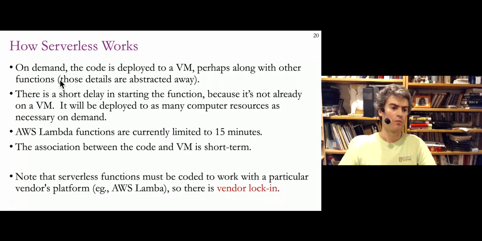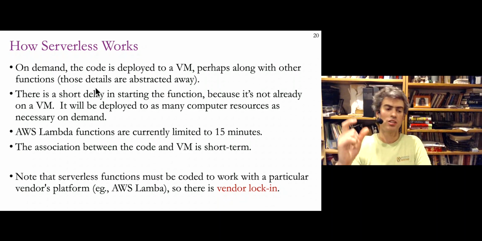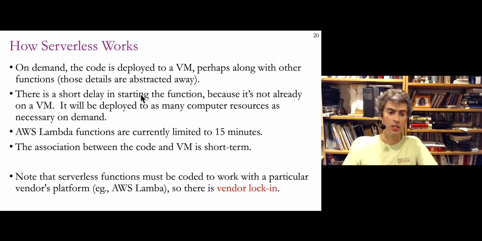Okay, so what you do is you deploy your code, you stage your code ready to run in the cloud, and then when your code needs to run for whatever reason, for example, if it's hooked up to an API or triggered by something, like a queue in AWS, the cloud system will deploy your code somewhere to some virtual machine.